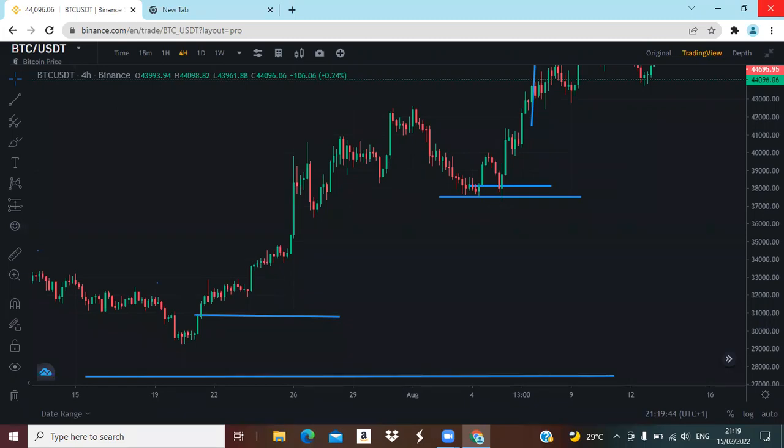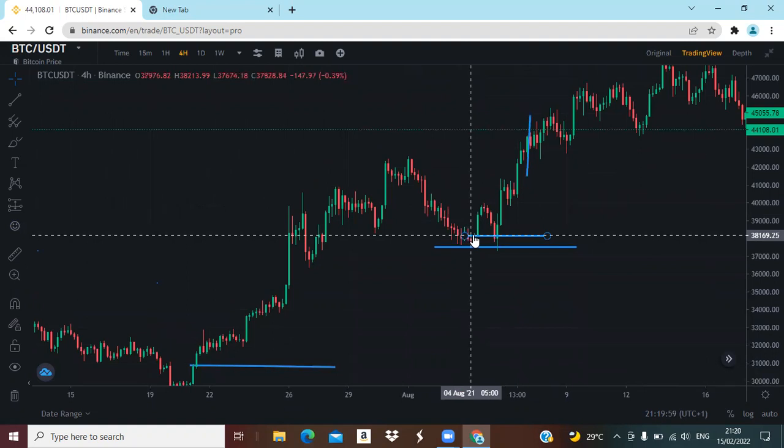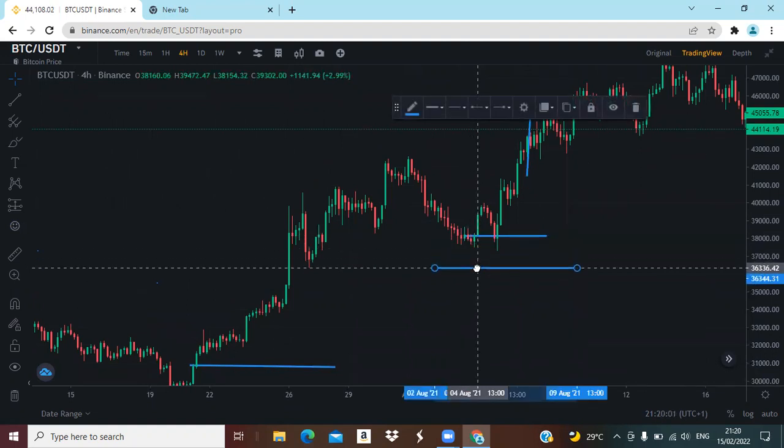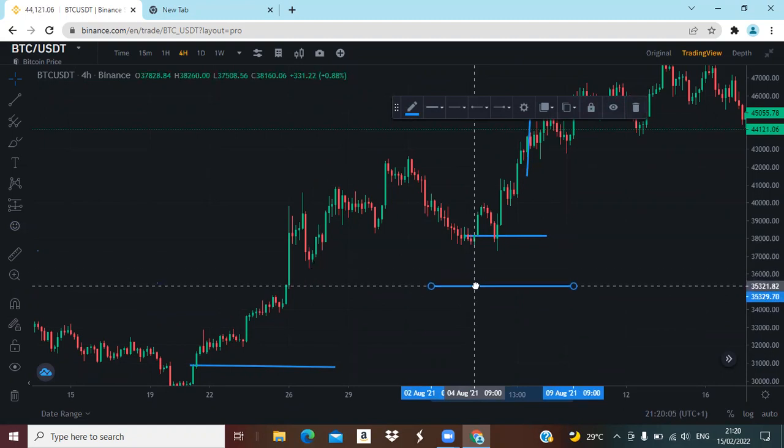Now, how do you set a proper stop loss? You set a proper stop loss in such a way that it invalidates your setup. In this case, if you place the stop loss here, this is support, this is support, and just slightly below it should be the stop loss.